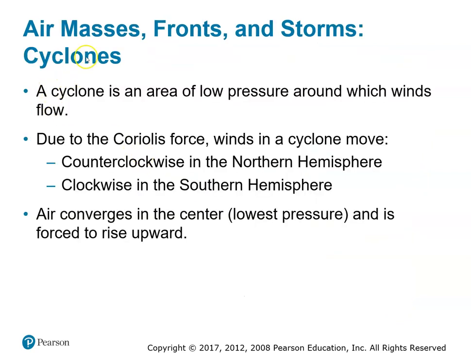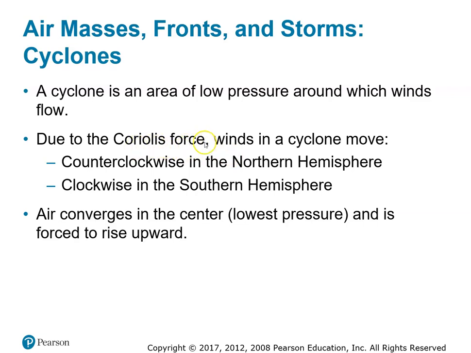Anyhow, so now we turn to some really bad weather, like cyclones and hurricanes. Cyclones are areas of low pressure around which the wind will begin to swirl, and that's due to the Coriolis force.